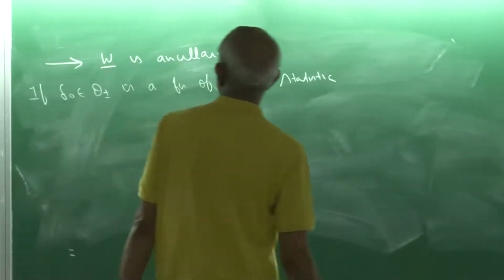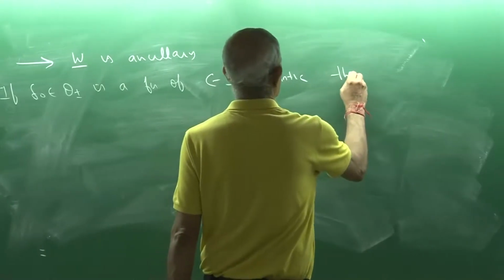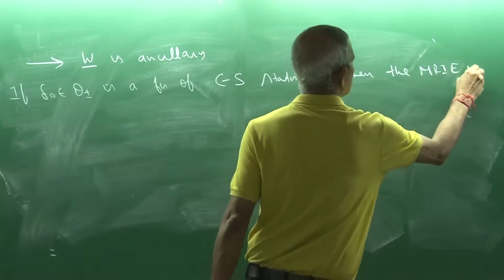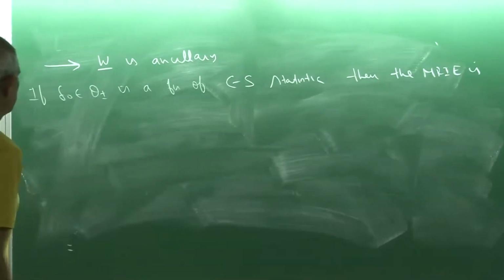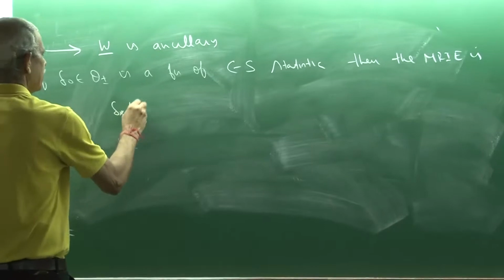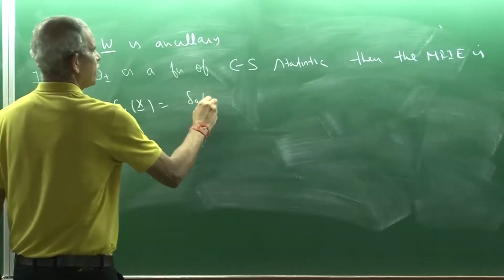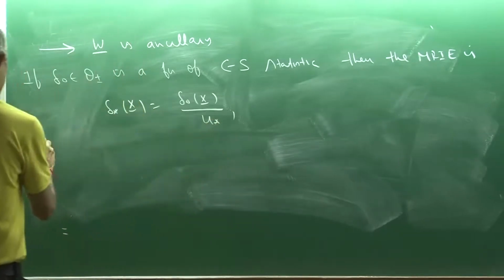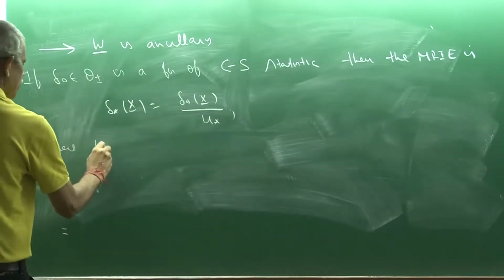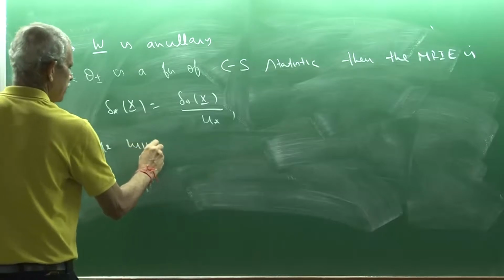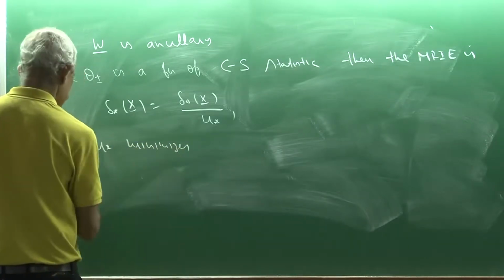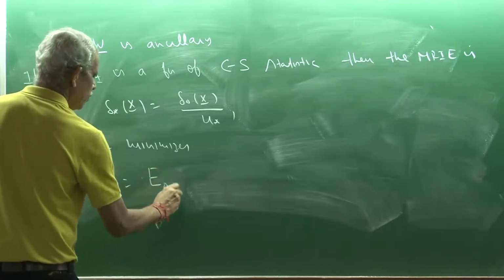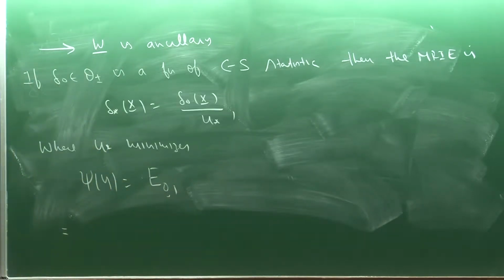So then the MRE is delta star x, which is delta naught x by u star, where u star minimizes psi of u, E0,1. E0,1 means mu is 0 and sigma is 1.